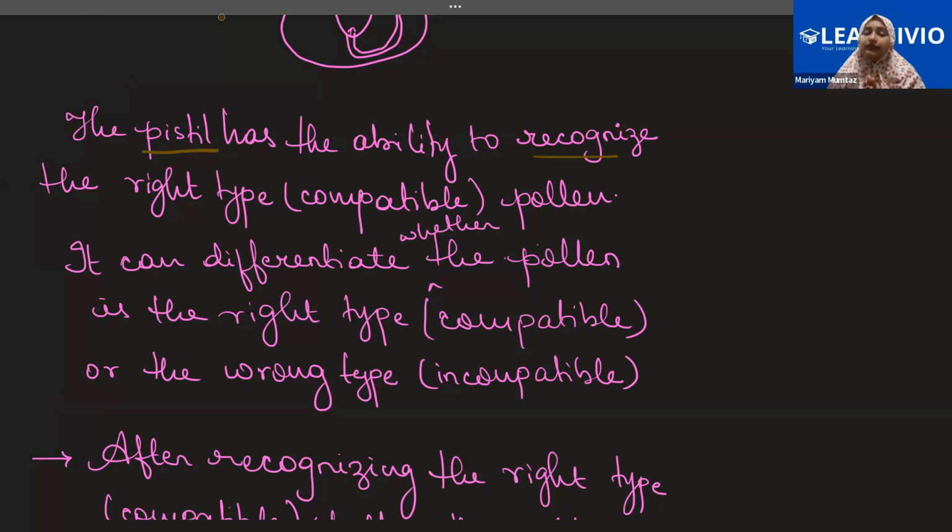One such unique mechanism is that there is a possibility that many other kinds of pollen land on the wrong type of stigma. Now, why does it not lead to fertilization? It is because the pistil knows which is the right pollen and which is the wrong pollen. It can differentiate whether the pollen is of the right type, meaning compatible, or the wrong type, which is incompatible.